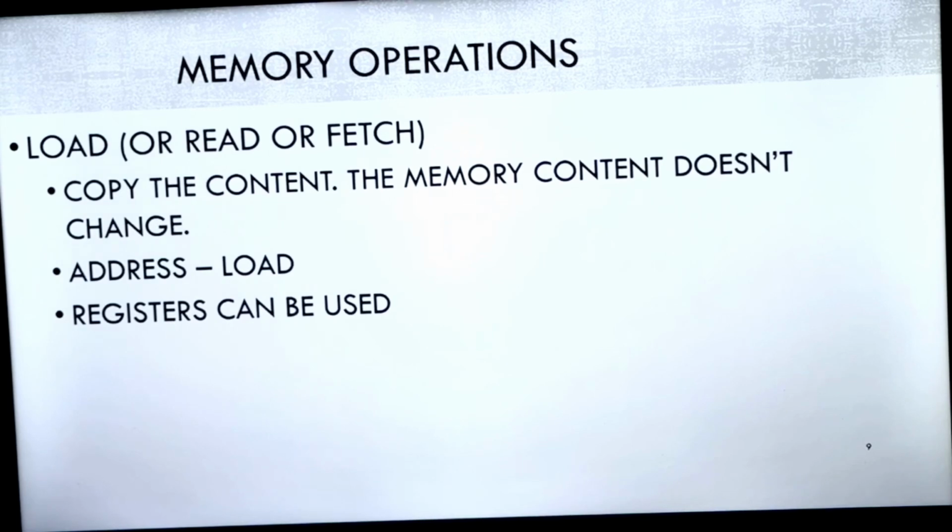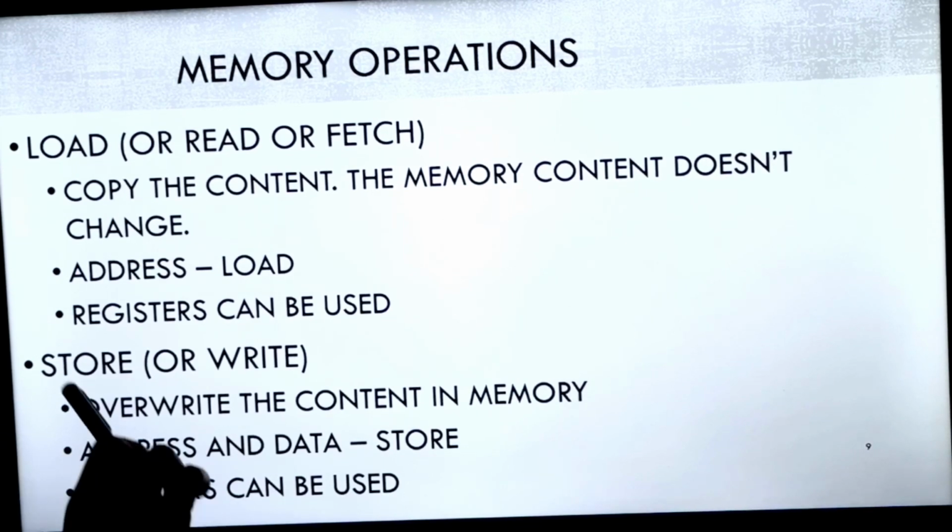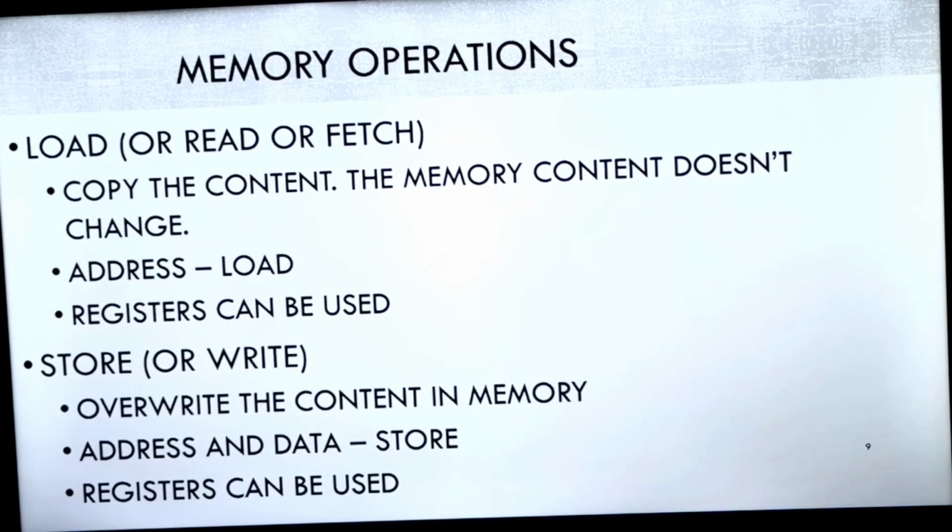Fine. Now we'll come to the memory operations. Whenever you run any program, as I told you in the very first class or first video, the program you have written in a high-level language will be converted to low-level languages or some set of instructions that can be understood by your machine, right?